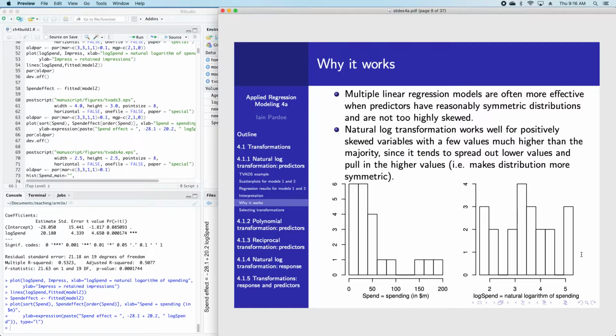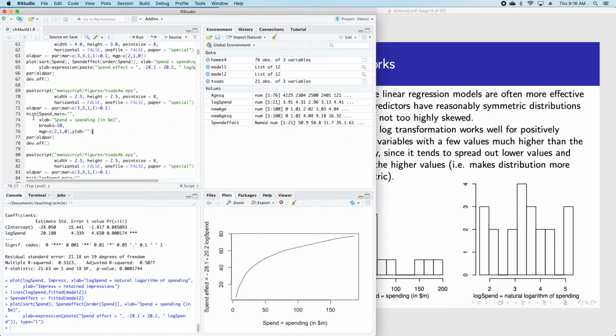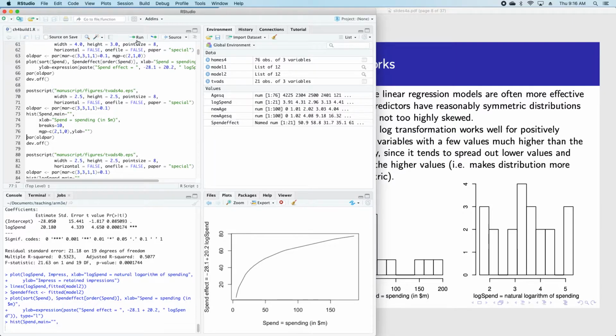So why did this work here? So often, not always, but often, multiple linear regression models work better when predictors have nice symmetric distributions and aren't too highly skewed. And if we look at the spending variable in this example, I'll actually show that in R here.